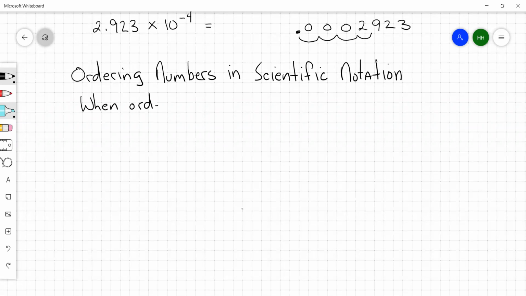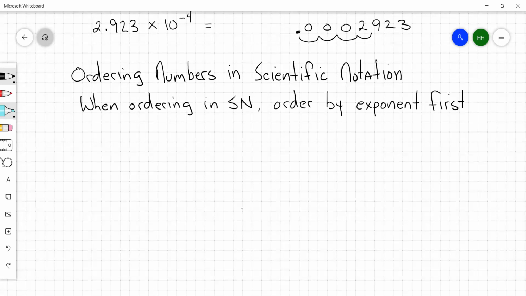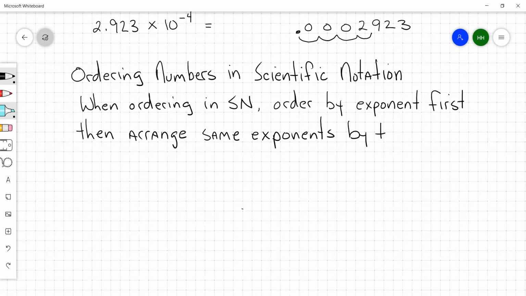When ordering in scientific notation, order by exponent first, then arrange same exponents by the value of A.